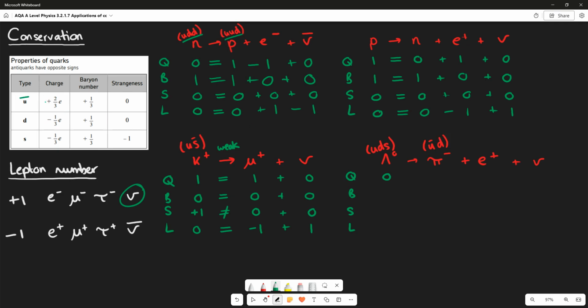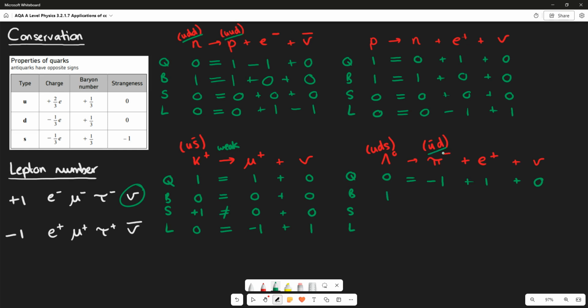So an anti-up is going to be negative, and the down, another negative, so that brings us to -1. This has got a charge of +1 and no charge at all. This balances.